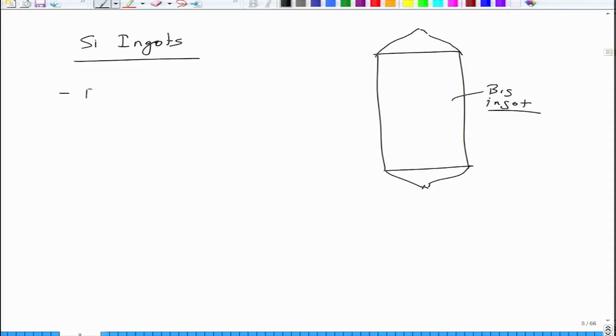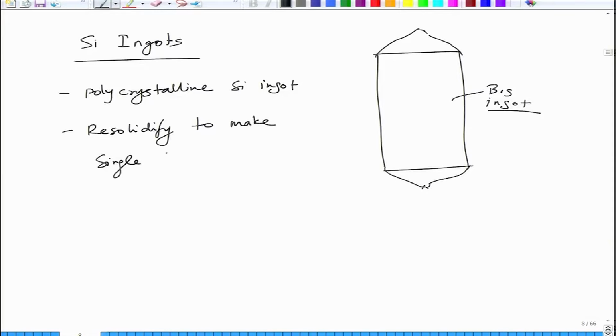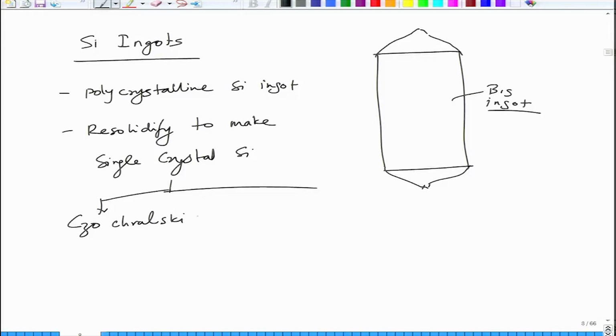So you can make a polycrystalline ingot, or you need to re-solidify to make single crystal silicon. First process is called Czochralski, and then the second method is called float zone.